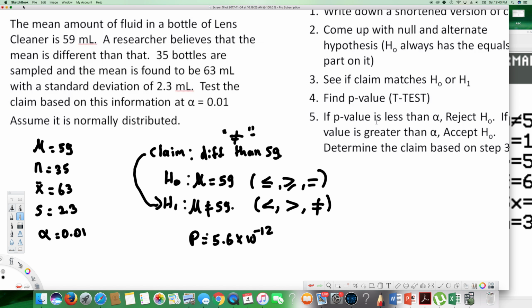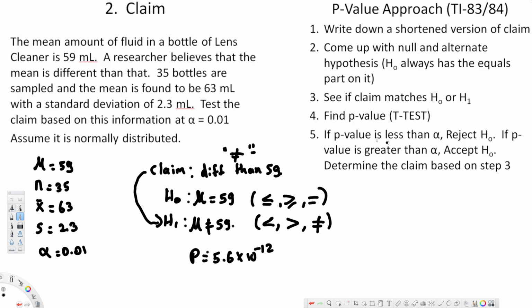Now let's complete our problem. If the p-value is less than alpha, reject H naught. Definitely here the p-value is a very small value, because 10 to the power minus 12 means 12 decimal places away from 0. So this is definitely less than alpha, so we are going to reject H naught.